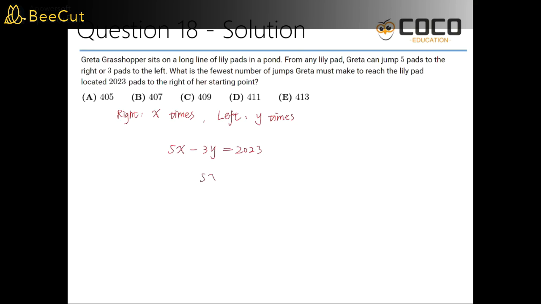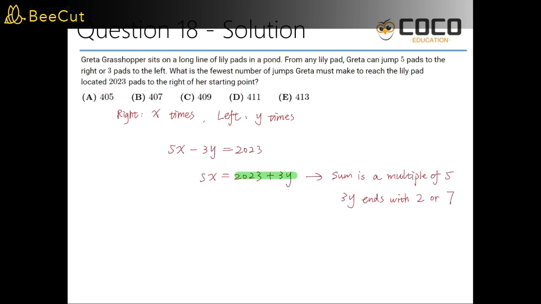Okay, let's rearrange it. 5x equals 2023 plus 3y. So the sum of them is a multiple of 5. This means that 3y ends with 2, or it ends with 7.